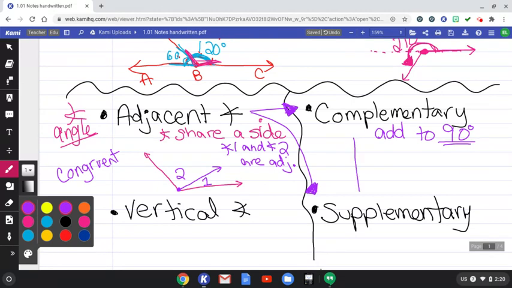So if I have a right angle, let's think about a wall. Here's a wall coming down, and here's the floor coming out. There's a right angle.